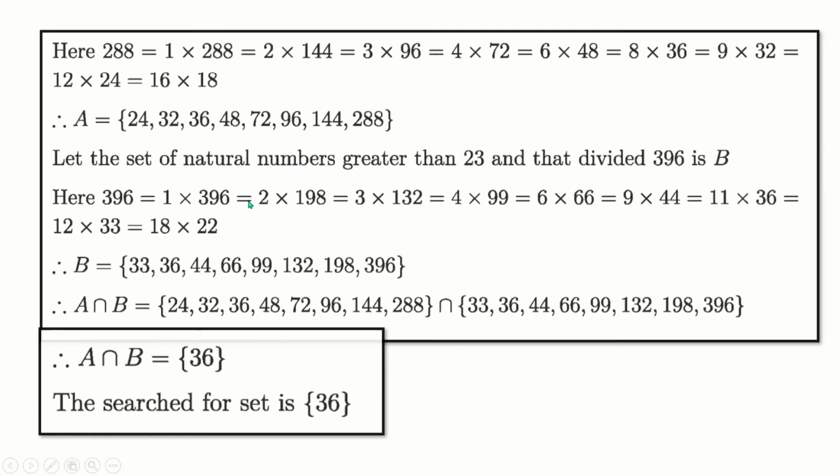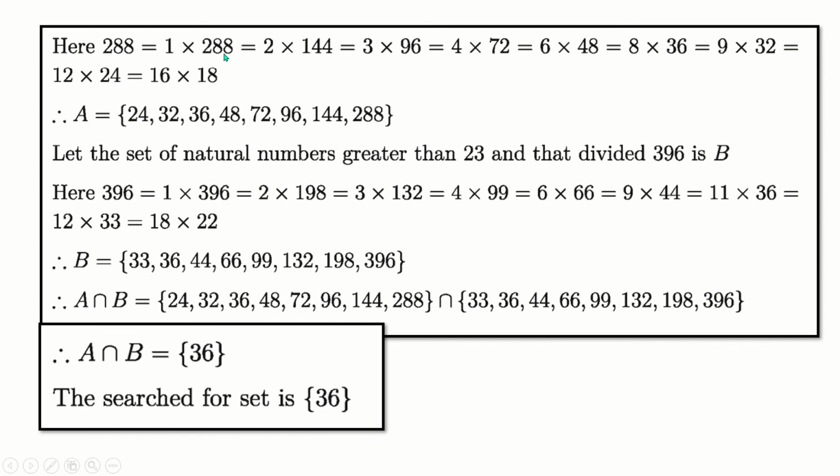Now follow this. 288 means 1 into 288, this equals 2 into 144, this equals 3 into 96, this equals 4 into 72, this equals 6 into 48, this equals 8 into 36, this equals 9 into 32, and this equals 12 into 24, this equals 16 into 18.